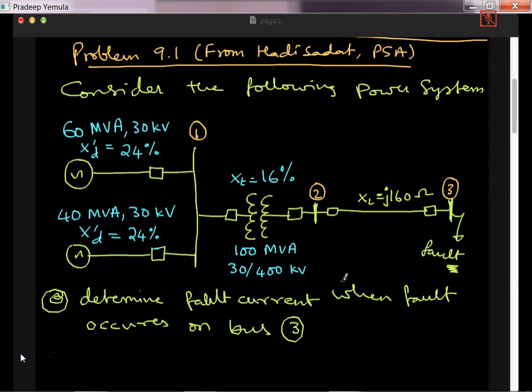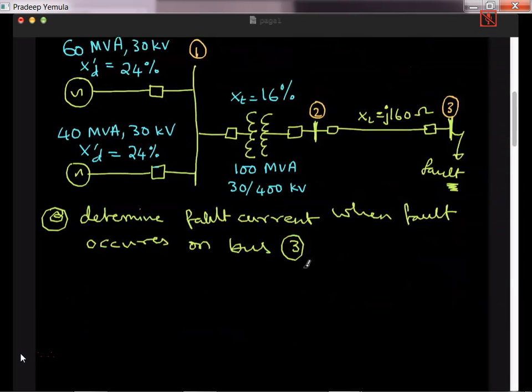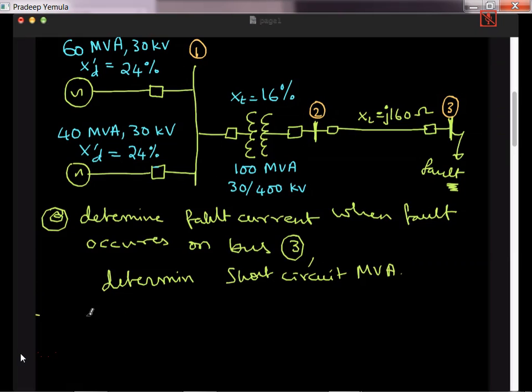Determine the short circuit current and short circuit MVA. So what we have to find out: determine fault current or short circuit current, and determine short circuit MVA. So this is the question given to us.